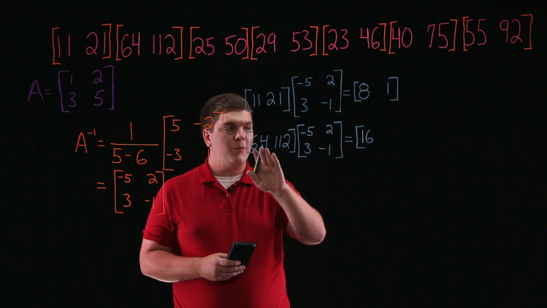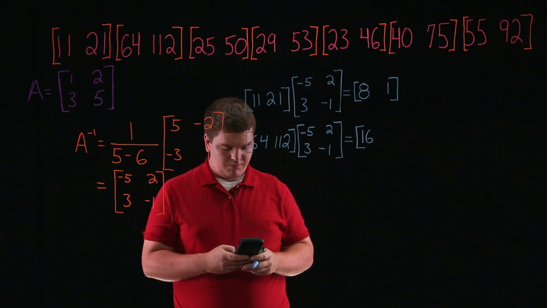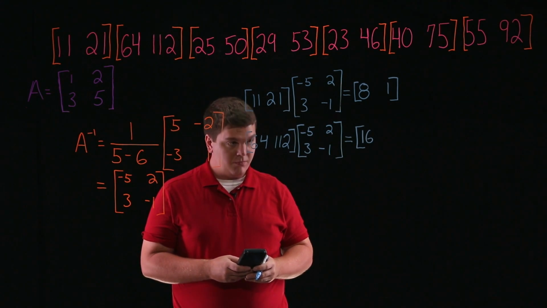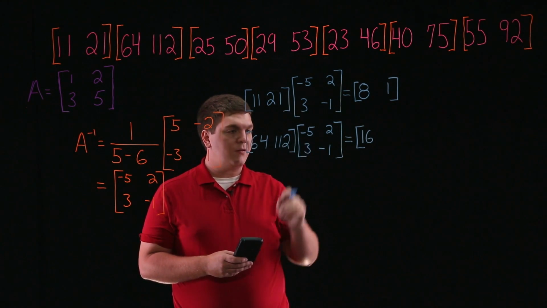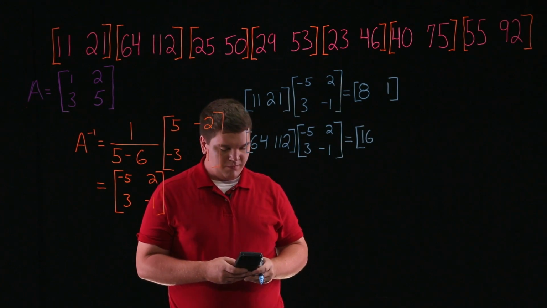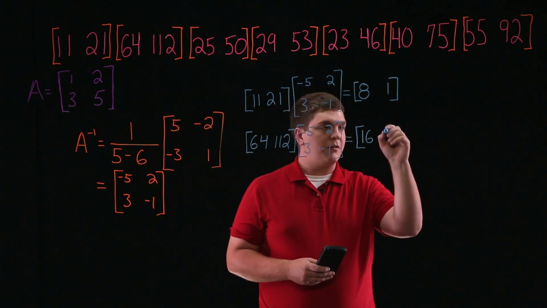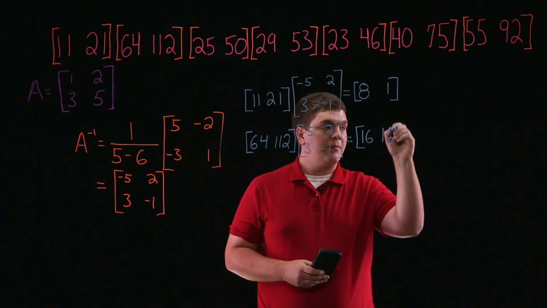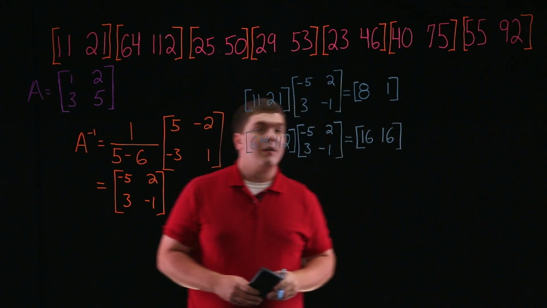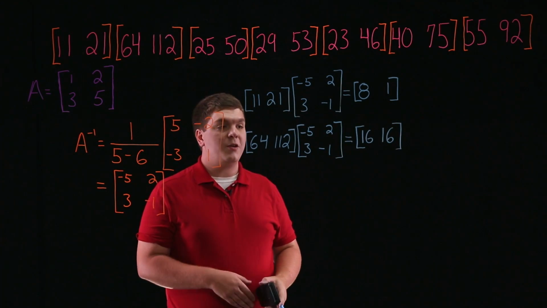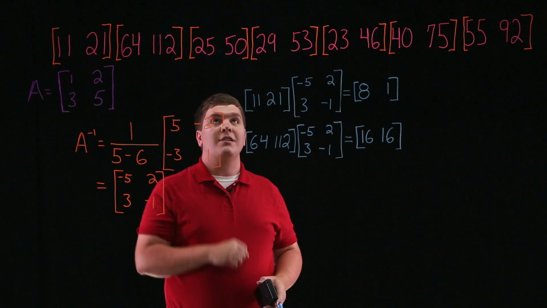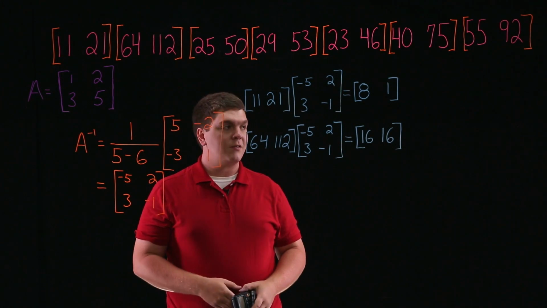And in the second column, we have 64 times 2 plus 112 times negative 1, which is also 16. Now from here, we can continue on multiplying each of the matrices in our cryptogram by A inverse.